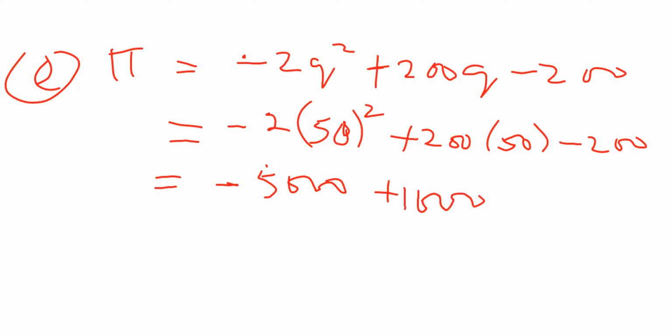Minus 200. So this is minus 5,000, agreed? Yes. Did you press the calculator? 50 squared is 2,500, yes. So this one is minus 200.